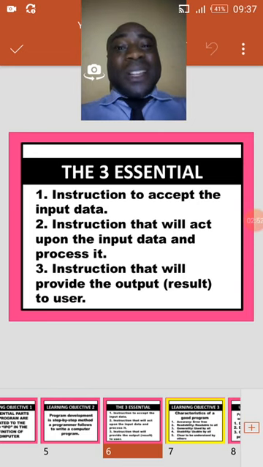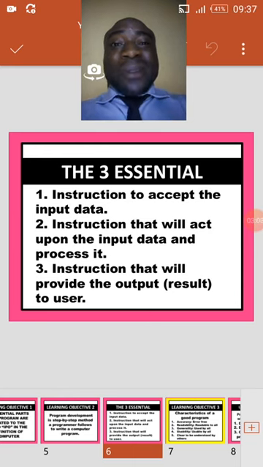So what are the 3 essential parts of any program? We have 1, instruction to accept the input data. There must be an instruction that will accept the input data. Without that, the program will not work because the computer will not recognize what the program is all about. 2, instruction that will act upon the input data and process it.